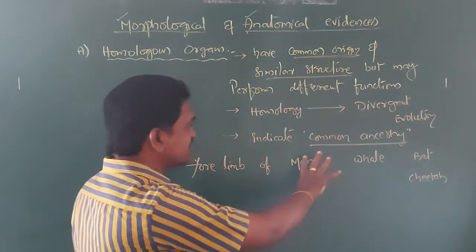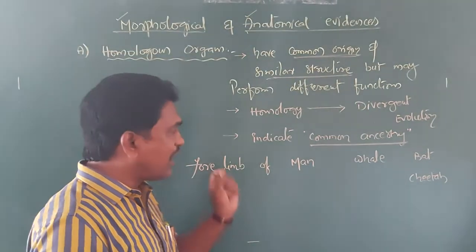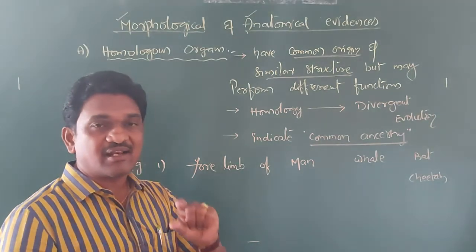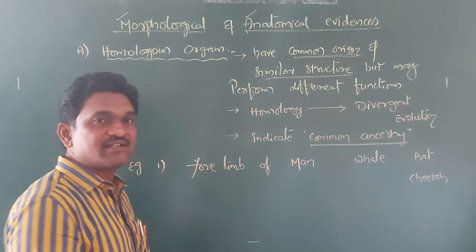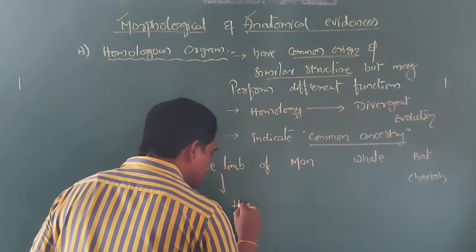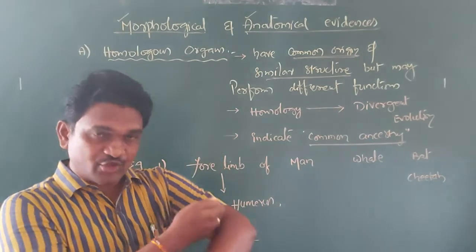See, all the mentioned organisms are mammals. In all these organisms, the forelimbs are internally supported by similar bones. What are the bones? Humerus, yes, the upper arm contains humerus.